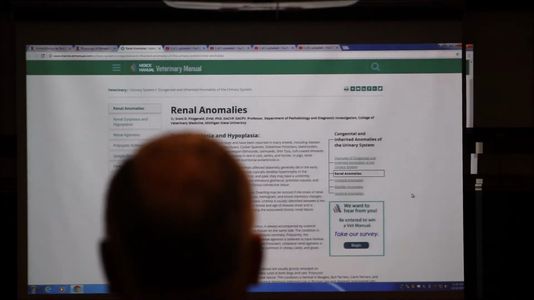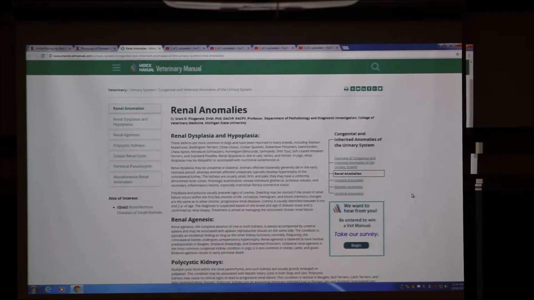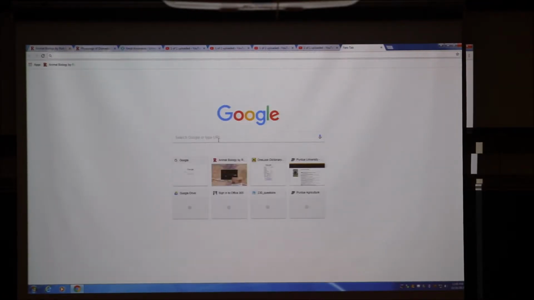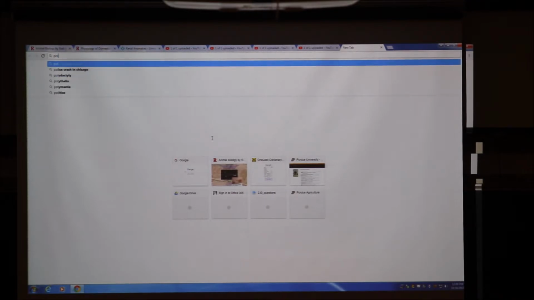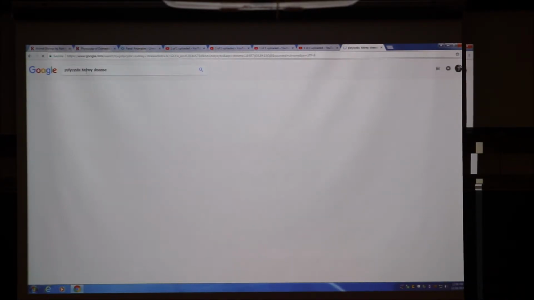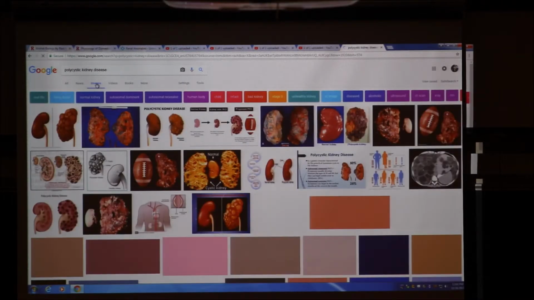Okay. Anyway, so there it is, polycystic kidneys. It just looks like it's full of blisters. Let's do a search on that one. That always makes for dramatic pictures. Polycystic, there's all kinds of ovaries, and we'll do the kidney disease. Pretty images, full of blisters.